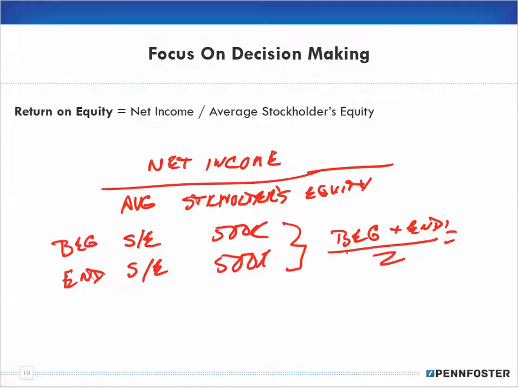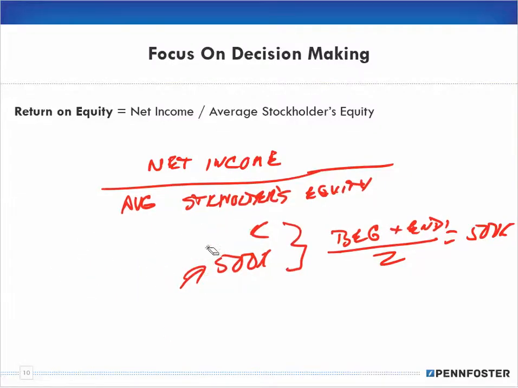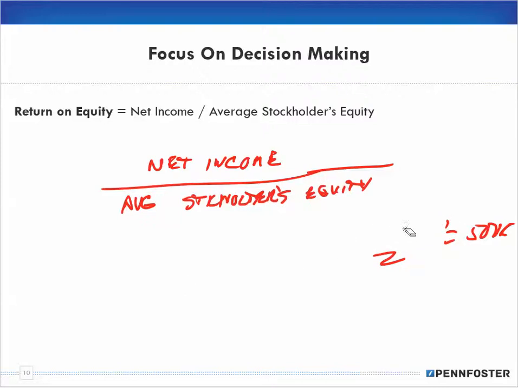Well, 500,000 plus 500,000 is a million. Divided by 2 is still 500,000. You saw no change between the two, so your stockholders' equity is 500,000. However, that doesn't only, it all depends upon when you're doing it.